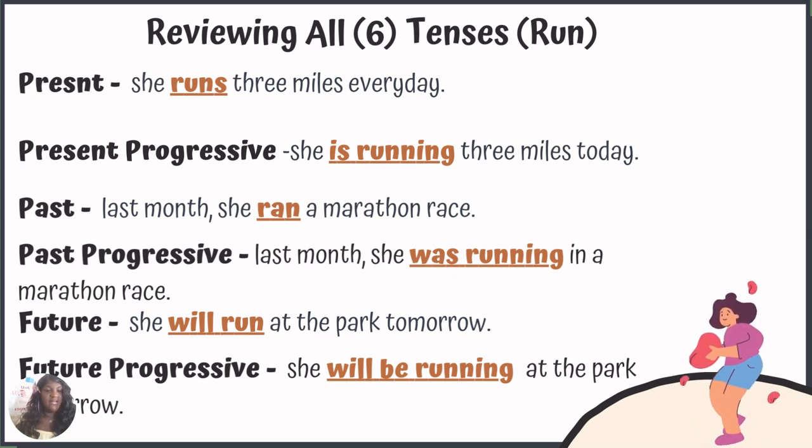Past progressive. Last month, she was running in a marathon race. Future tense. She will run at the park tomorrow. Future progressive. She will be running at the park tomorrow.